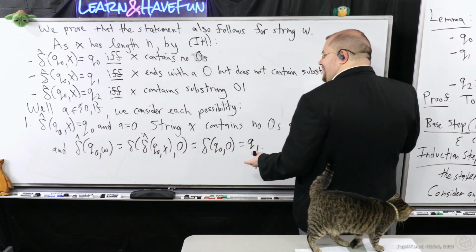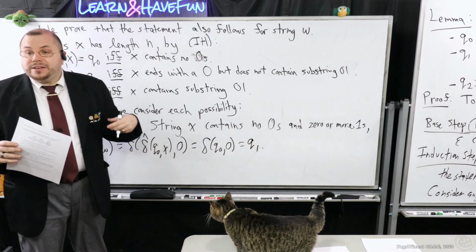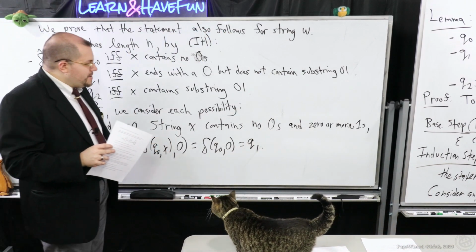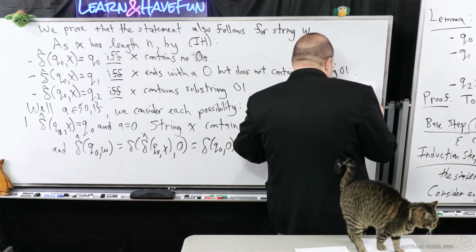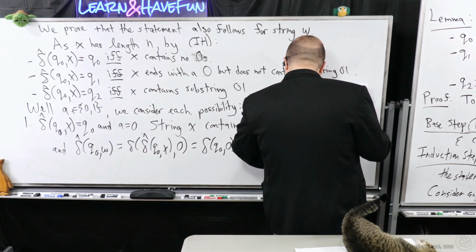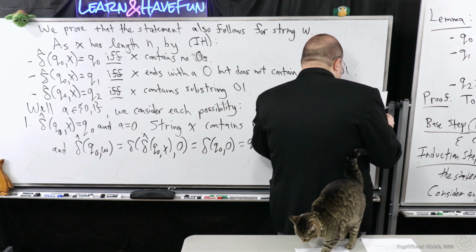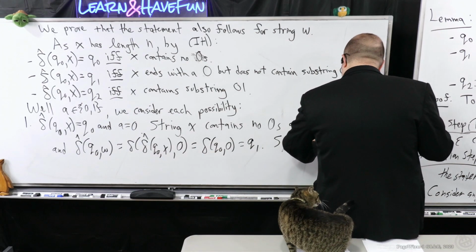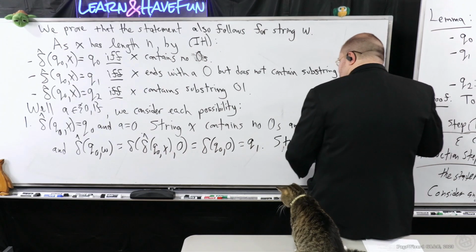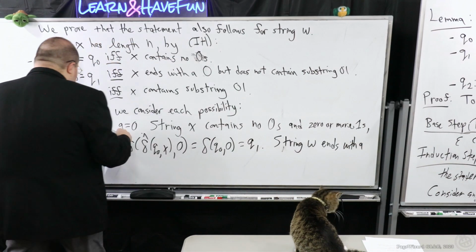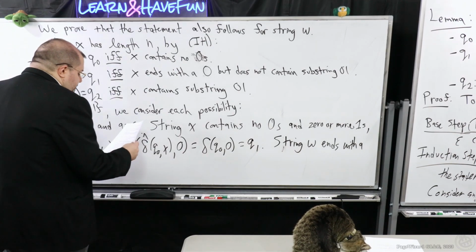Well, what does that mean? It ends with a 0, and it doesn't contain the substring 0, 1, right? Which is exactly what you would expect to happen. So we'll say string W ends with a 0, right? Because that's what it means to have A equal to 0.